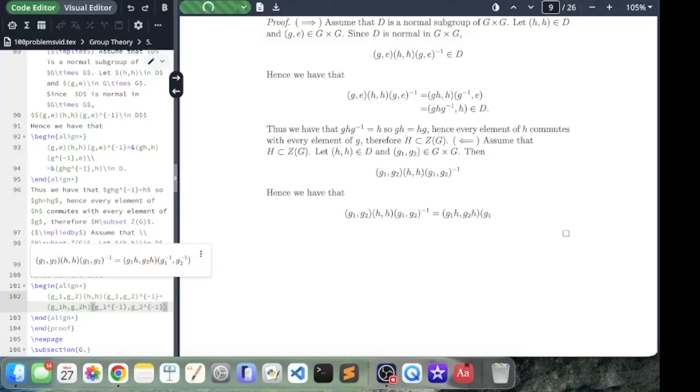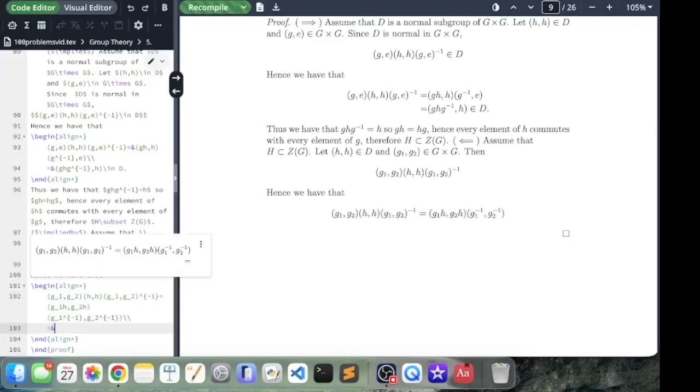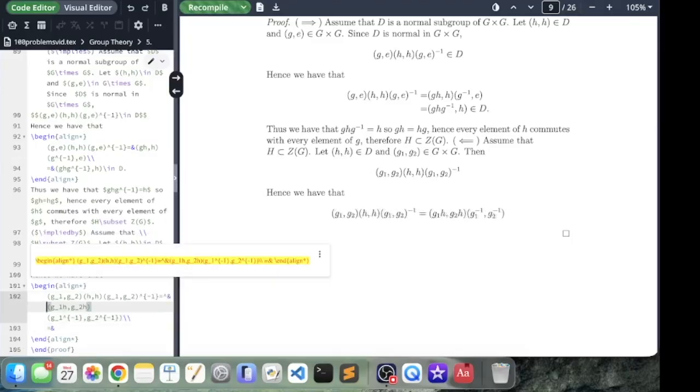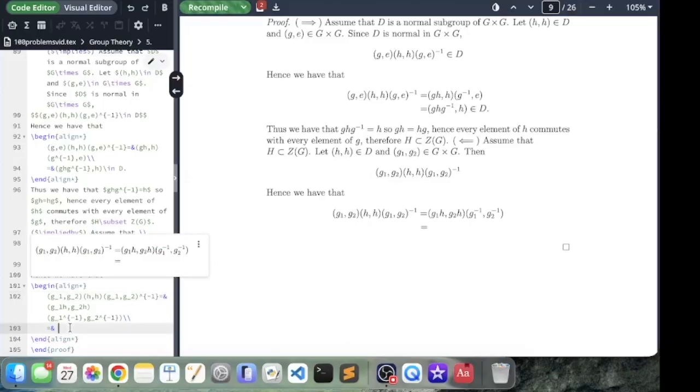Okay, and we have one more line. Yeah, there we go. We do our last guy out. We get (g1 h g1 inverse, g2 h g2 inverse).